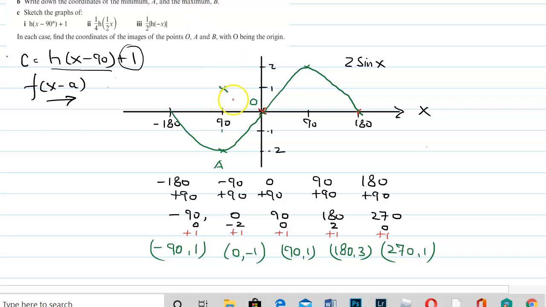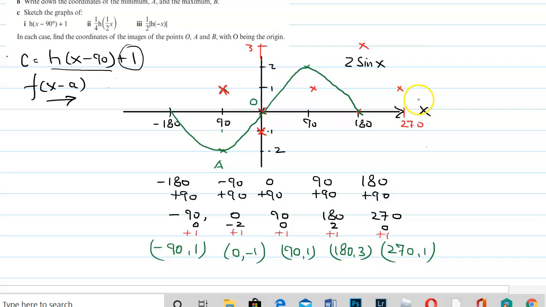Let's take red color for this one. -90 at 1, 0 at -1, 90 at 1, 180 at 3, so we increase it up to 3, 180 at 3, and 270 at 1. Let us say 270 here, 270 at 1.